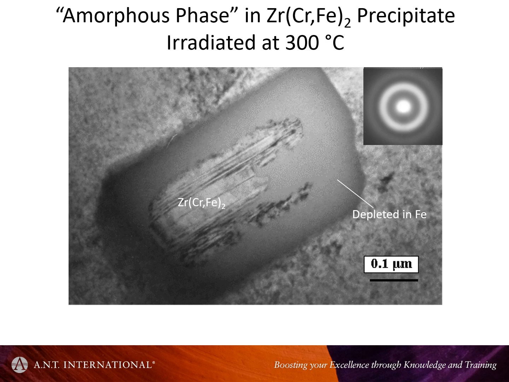And what you ended up with is the amorphous region was depleted in Fe, in iron, so you have this iron diffusing out.